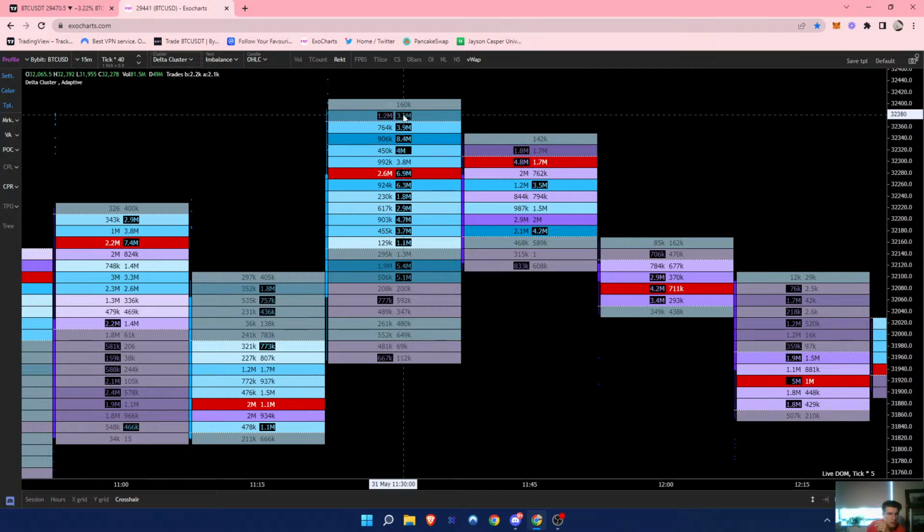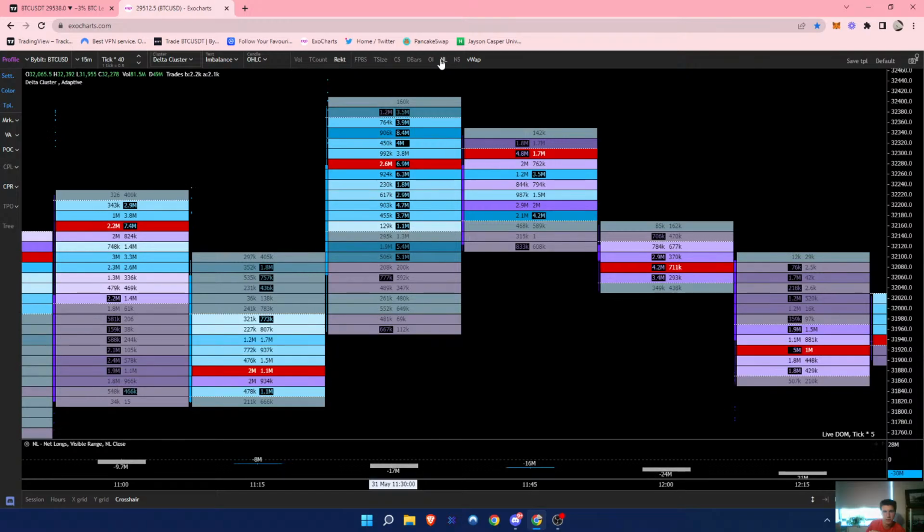So here we do see 3 or more stacked imbalances. In fact, questionably, we have 4. Even going to here, there's like 1, 2, 3, 4, 5, 6, 7, 8, 9, 10, 11, 12 stacked imbalances. But for simplicity's sake of the video, I'm just going to say 4.